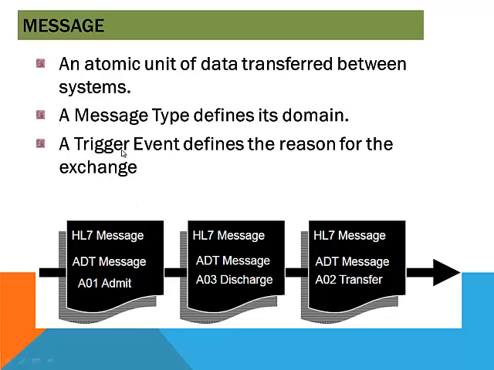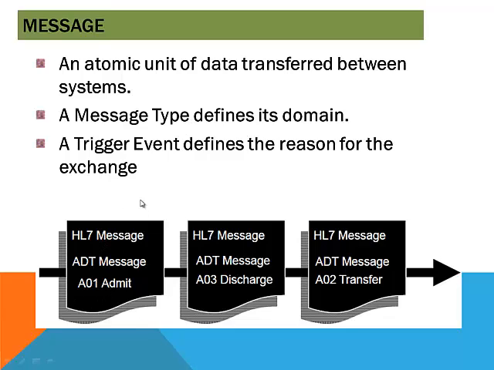One is the trigger event, which defines the reason for the exchange of the message, as we talked about just now. Another is the message type. The message type defines the domain of the HL7 message. For example, an ADT message means it's an admission, discharge, and transfer message. If the message is about lab tests, we have another message type.